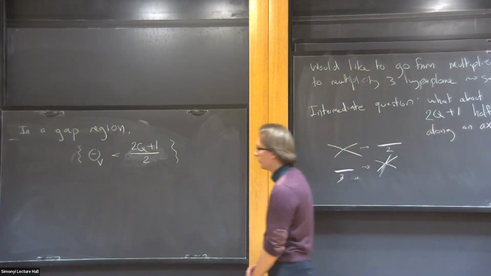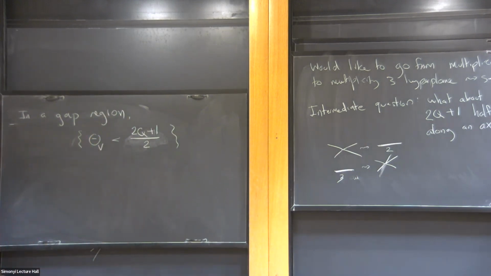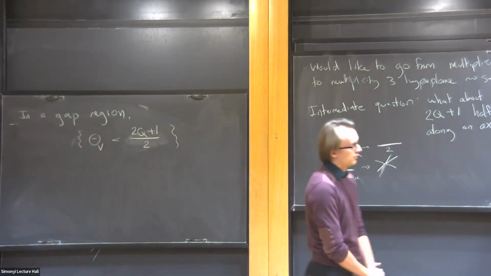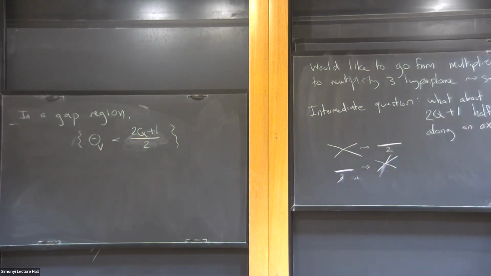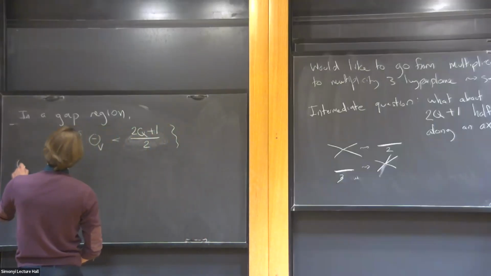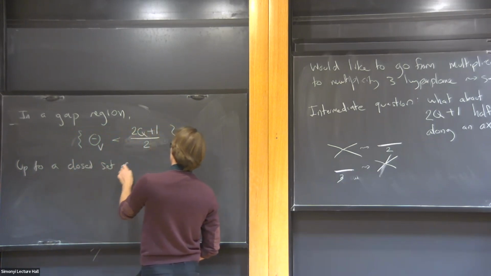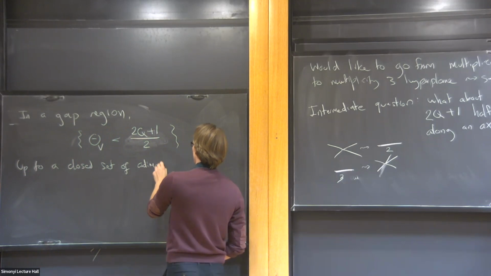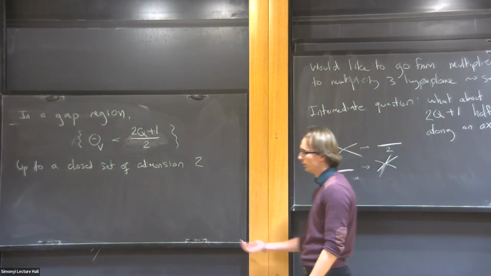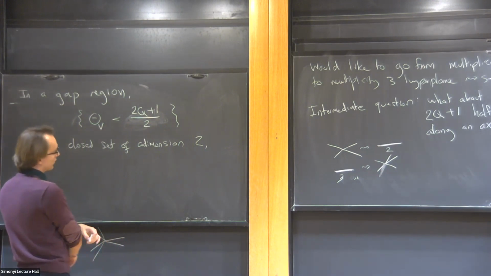In such a region, you actually understand the singular set quite well, because it turns out that up to a set of codimension 2, a closed set in fact, and in fact it's even countably (n-2)-rectifiable, but that's not necessary.